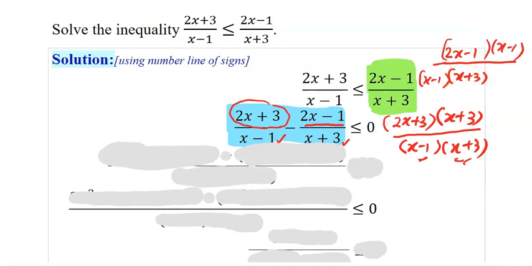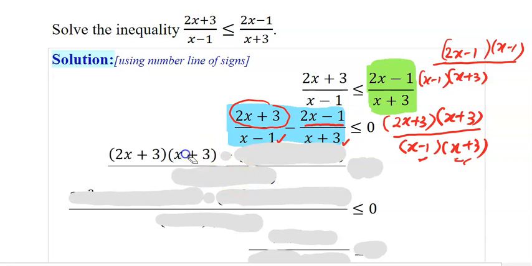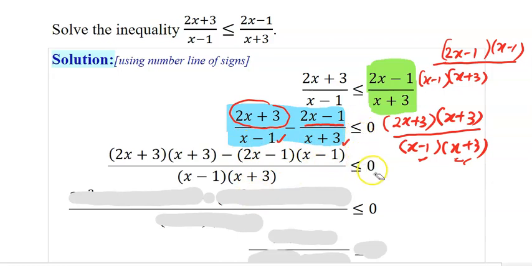As a result, we have this as the answer. For 2x + 3, it will pair with x + 3. For 2x - 1, it will pair with x - 1. And the operation between them is minus. The denominator is, as we see just now, (x - 1)(x + 3). The inequality sign, ≤ 0, follows through.